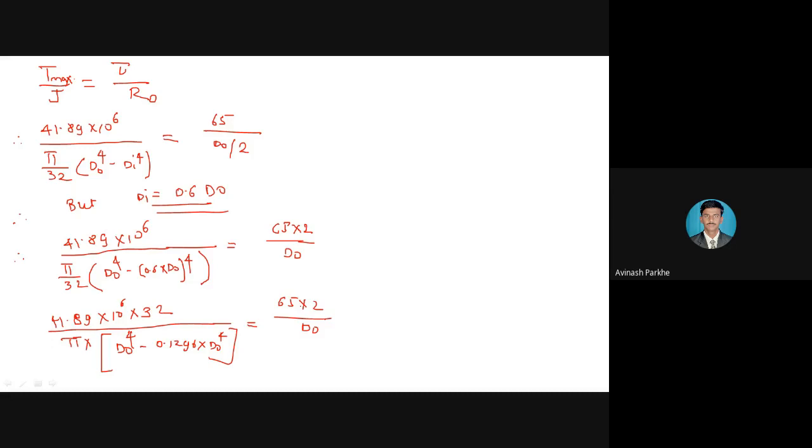Now if I go for more simplification, from the denominator you will get another value, that is here 41.89 as it is.